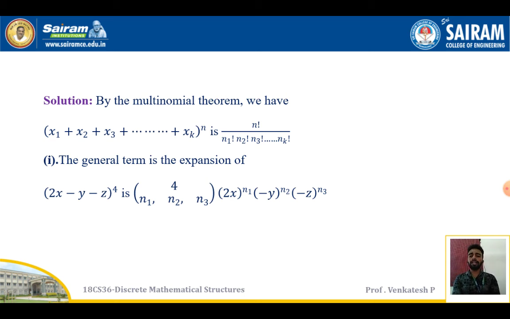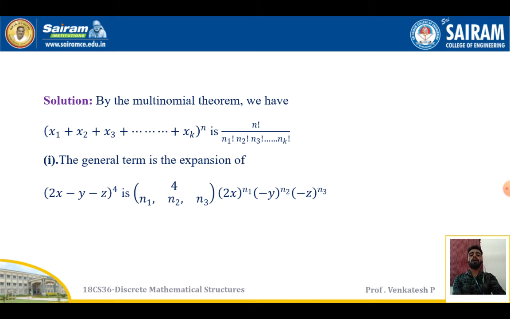Since the equation contains 3 variables, the combination will be like this: 4 combination with n1, n2, n3, (2x) whole power n1, (minus y) whole power n2, (minus z) whole power n3. First we'll take the constants outside. I'll be taking 2 outside here, minus 1 outside here, minus 1 outside here.